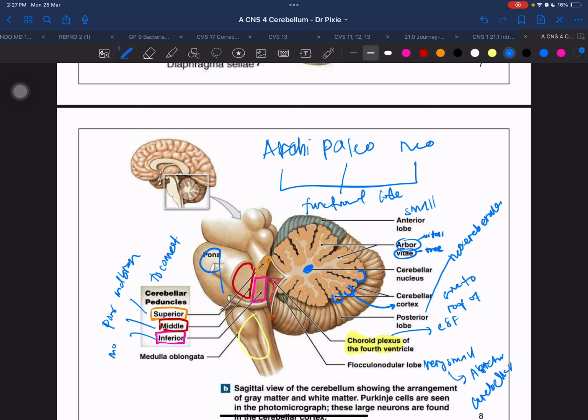This whole bridge is called the cerebellar peduncle. This peduncle is actually a tract of fibers. The superior connects the midbrain to the cerebellum. The middle connects the pons to the cerebellum. And the inferior connects the medulla to the cerebellum.